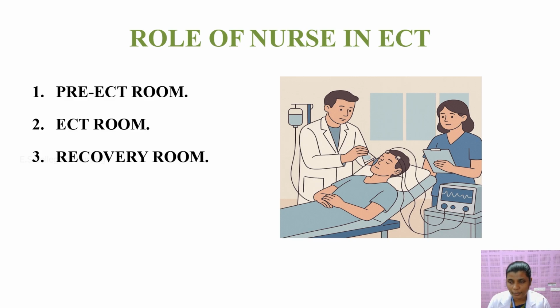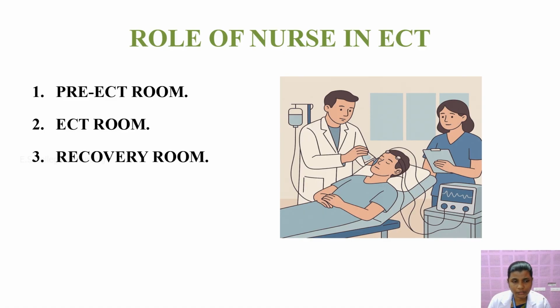We also secure the IV line and place the electrodes, and we remove and check for any jewelry, ornaments, and metals. If the patient has none, we give the electrical current and monitor which type of seizure occurs. The nurse should note the seizure type and record the vital signs.